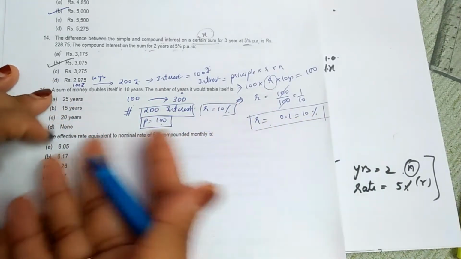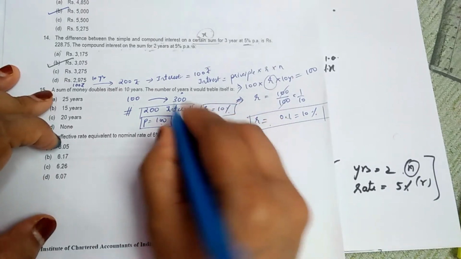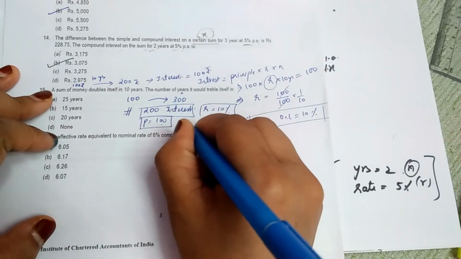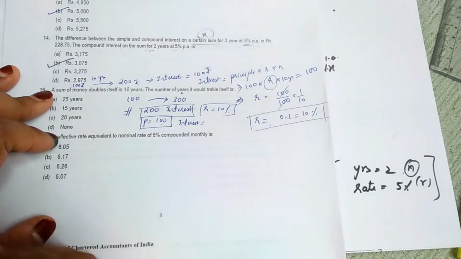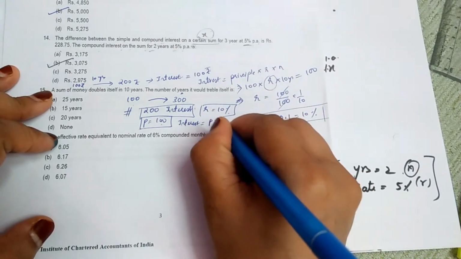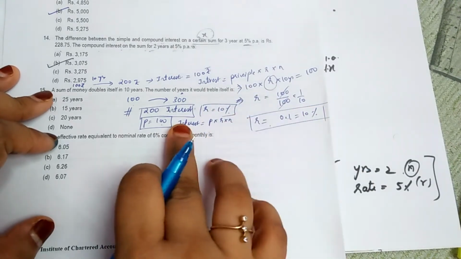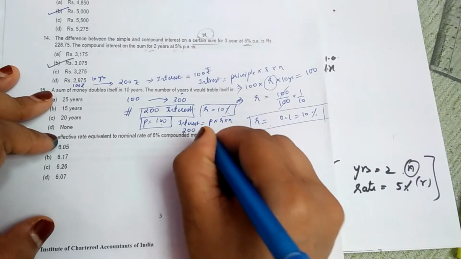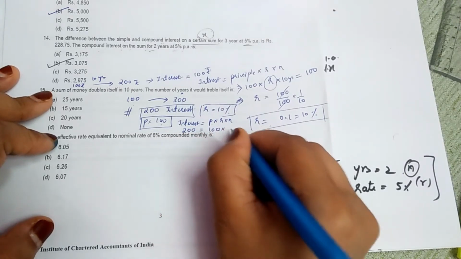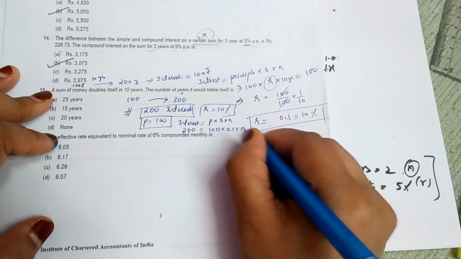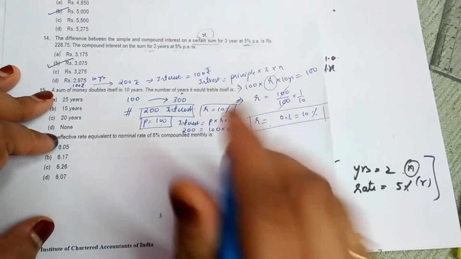Now we'll easily find out what n is, because we know that interest is equal to principal into rate into n. What is interest? We know interest is 200 rupees. What is the principal? We know 100. Rate is 0.1. And what is n? We have to know the n.